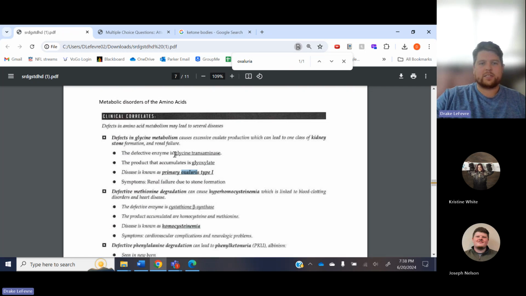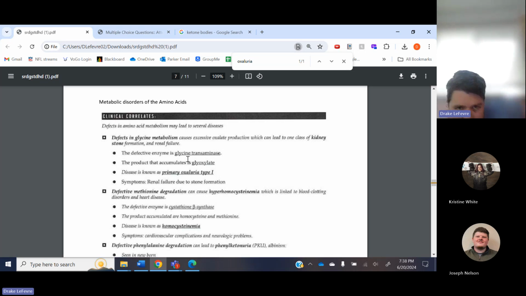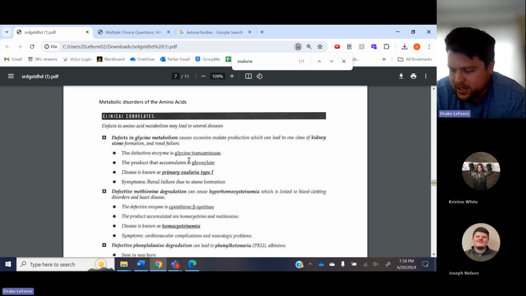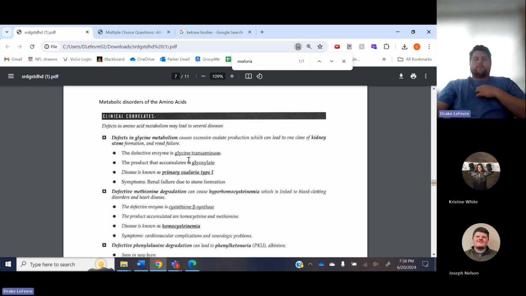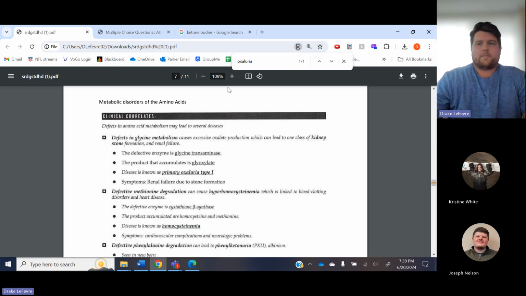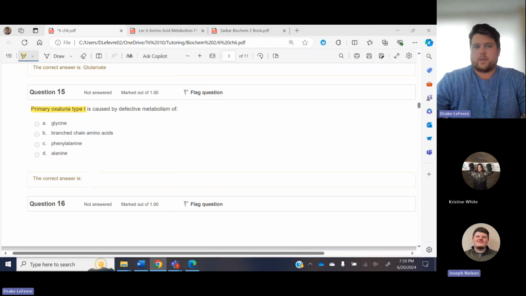The defective enzyme is glycine transaminase. The product that accumulates is glyoxylate. That would suck. Sounds like a bad time.